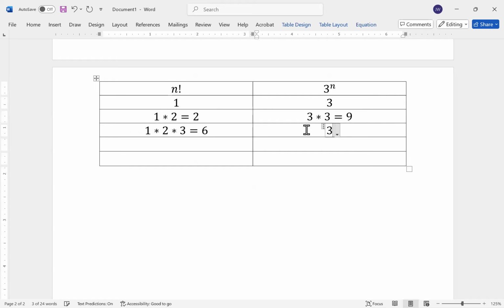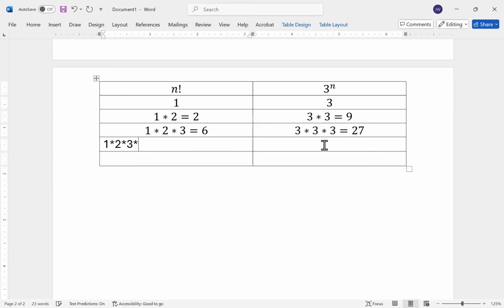Over here, I'd get 3 times 3 times 3, which is 27. Now notice that going from 2 to 6 is a multiplication by 3. 9 to 27 is a multiplication by 3. So we're actually kind of growing at the same rate in that one step.